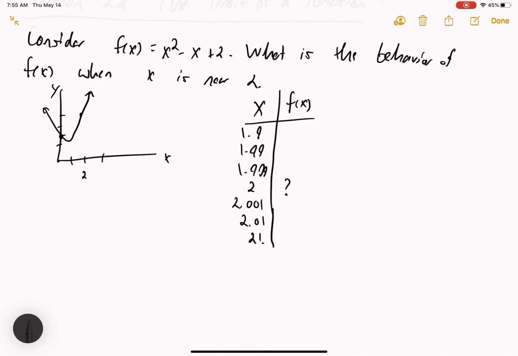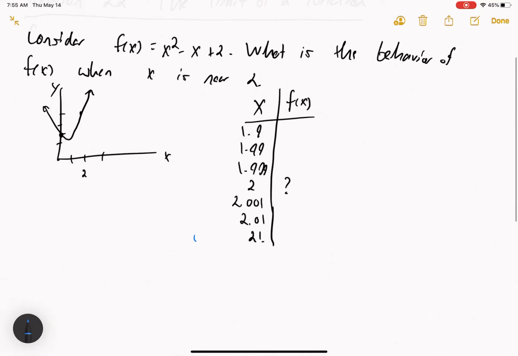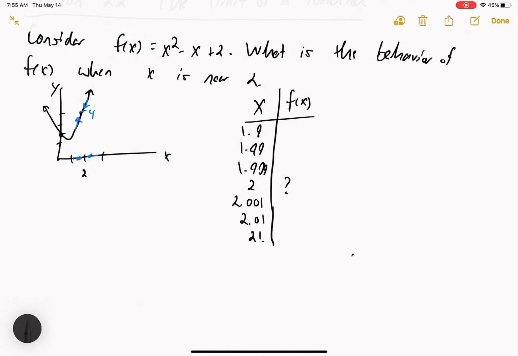Maybe it's not so obvious given my crappy drawing, but what we can see here is that as we get close to 2, the function gets closer and closer to this point right here, which is actually 4. We can see that when we plug in numerical values, which make sense with the graph.